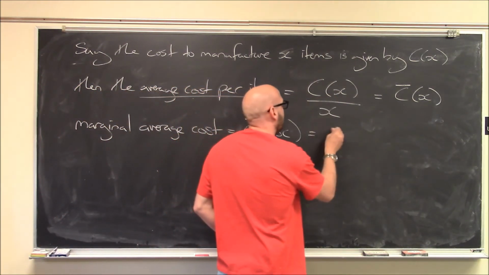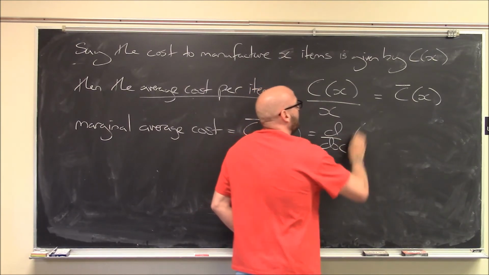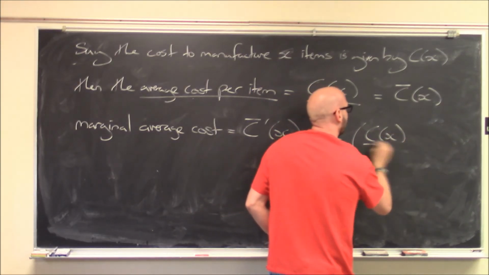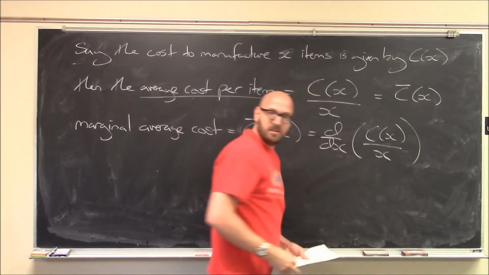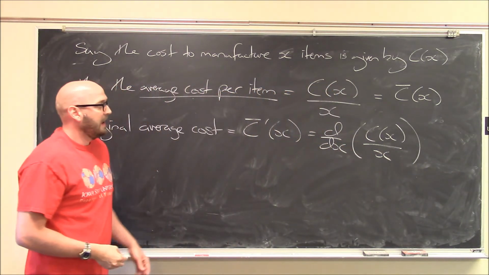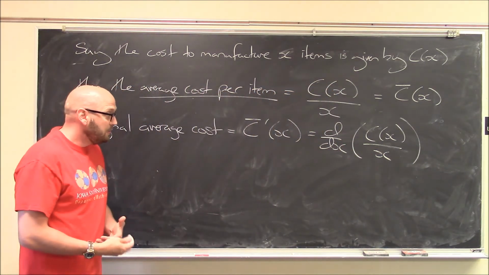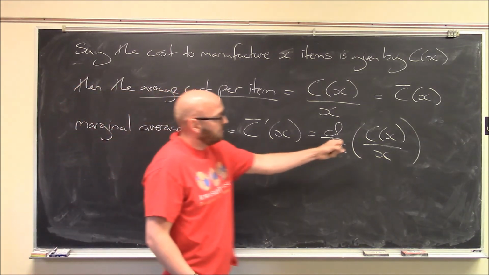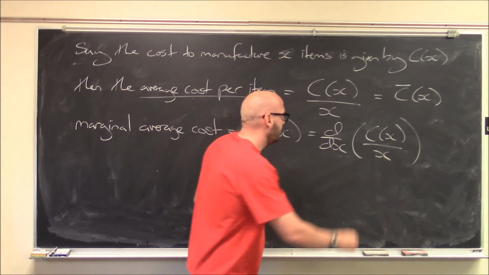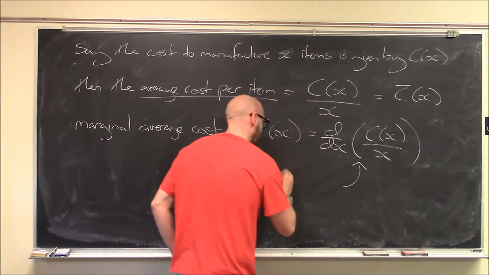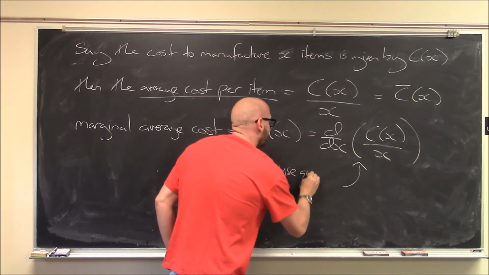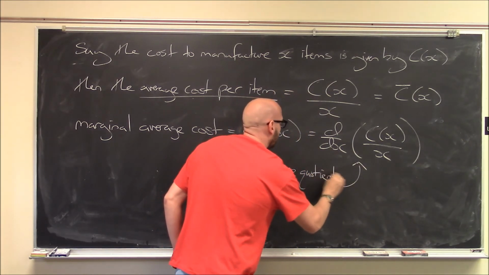It's the derivative of C of X over X. How do you differentiate something like that? Well, you use the quotient rule, because it formally is a quotient, right? It's one function divided by another. So to find this derivative, you use the quotient rule.